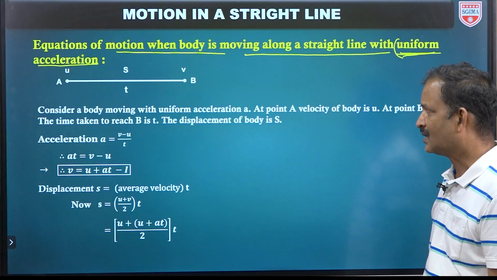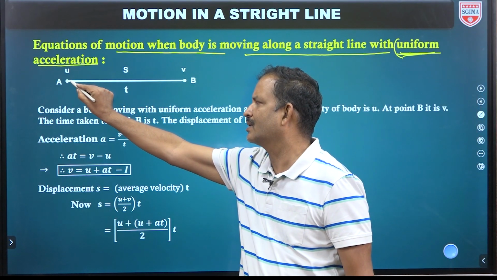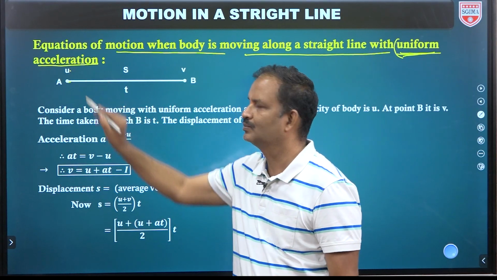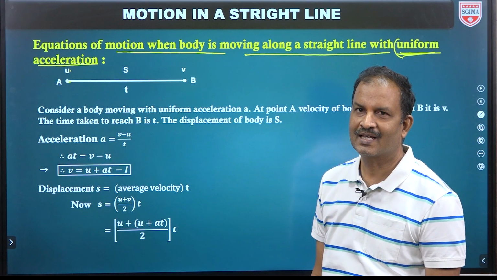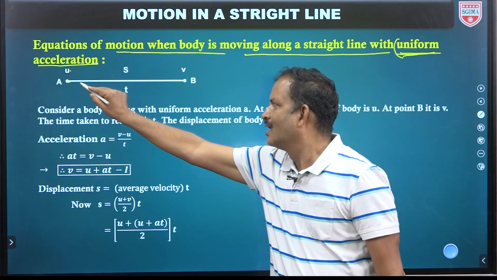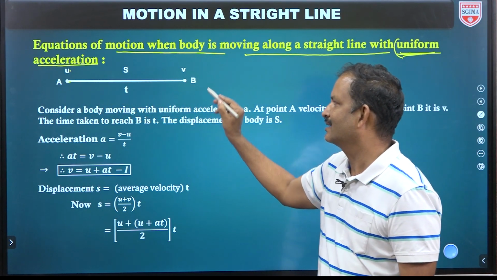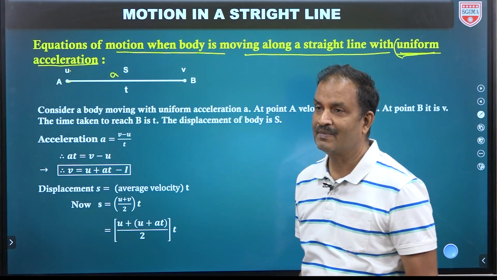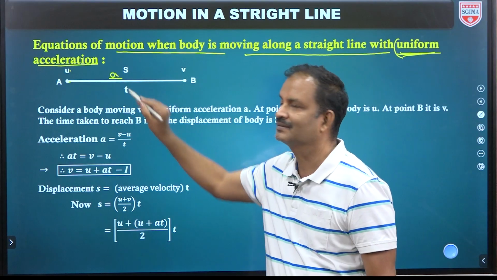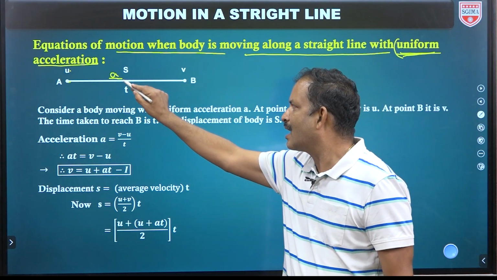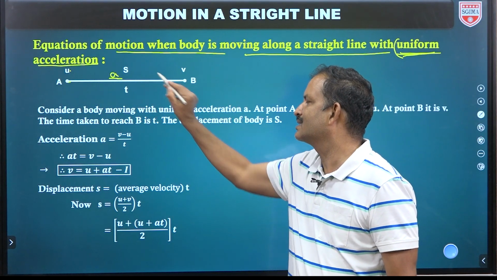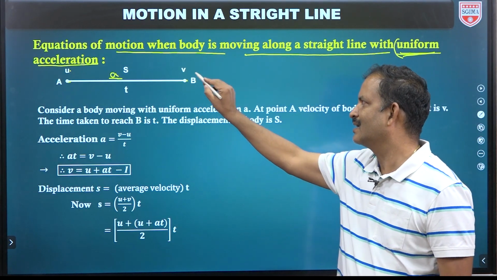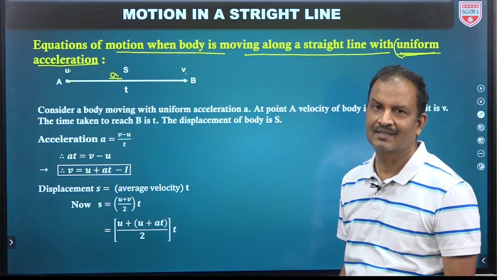Now, let us consider a body started from A with initial velocity u, and it is accelerated with acceleration a, which is constant. After traveling distance s, it comes to point B, where there is velocity v.